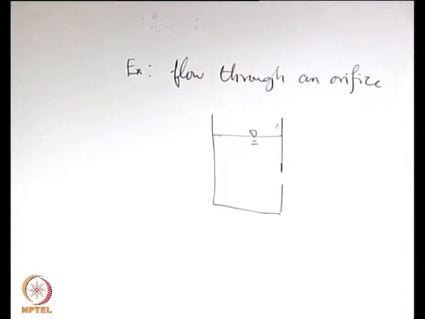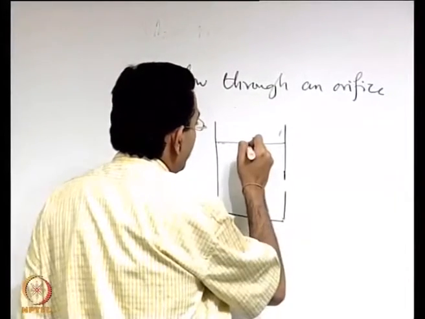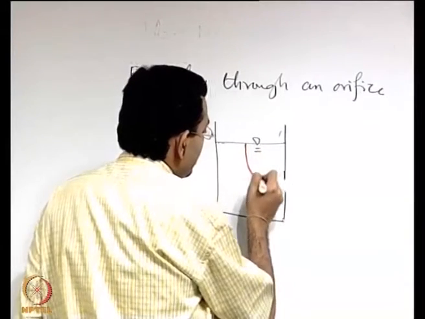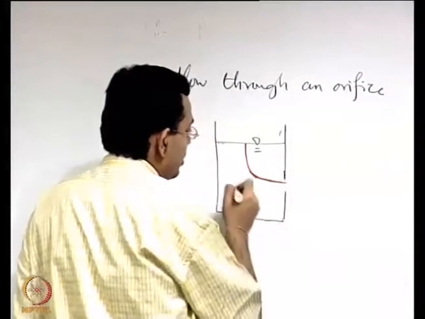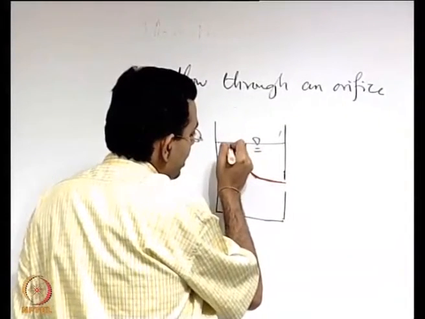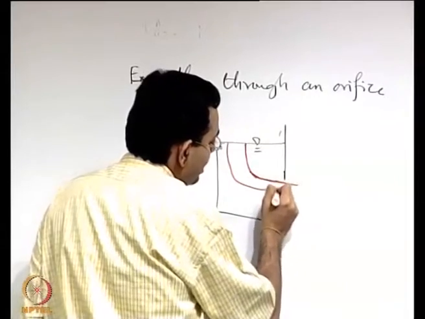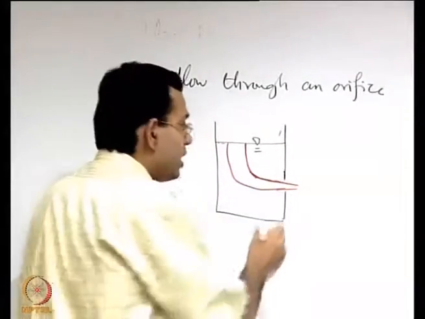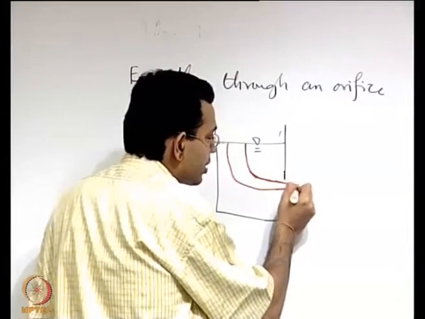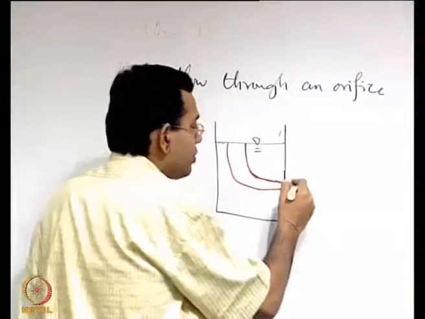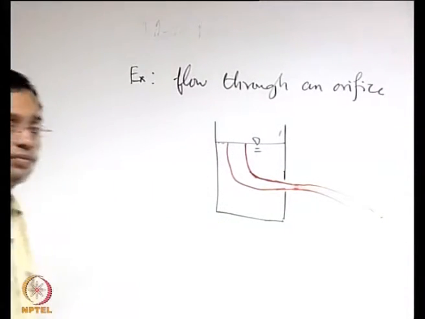Okay. Let us try to draw a streamline. Let us say you are coming from the free surface, the streamline gets bent or curved to accommodate this one. All the streamlines which are there are getting bent or curved, and just like the previous case, the streamlines converge to a location of minimum distance of separation between these two before they diverge, and then maybe the water is falling like this.